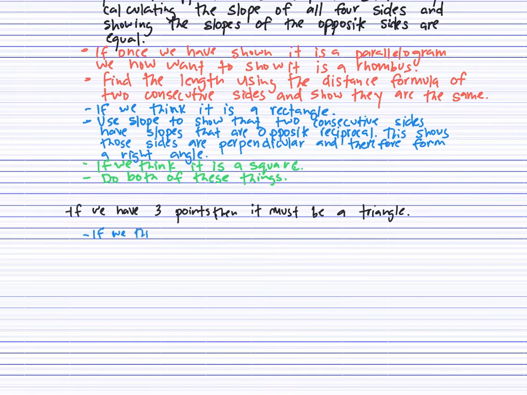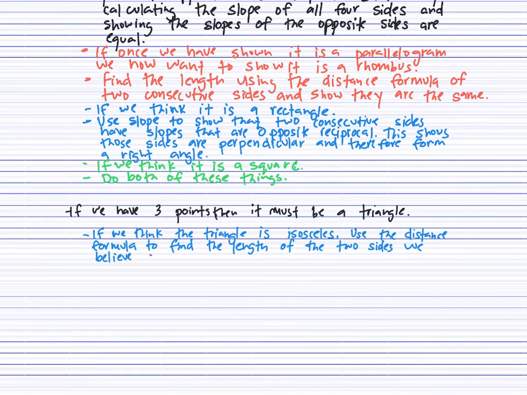If we think the triangle is isosceles, use the distance formula to find the length of the two sides we believe are equal and show their lengths match.